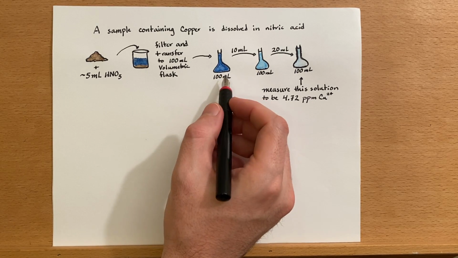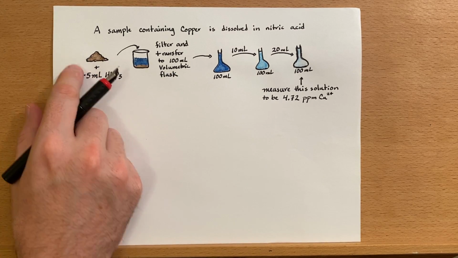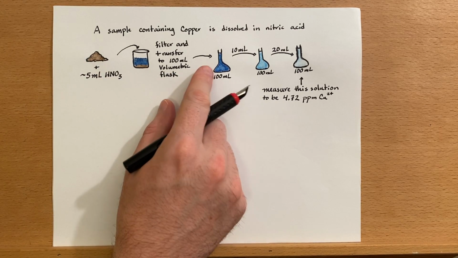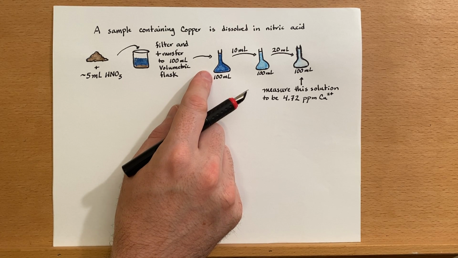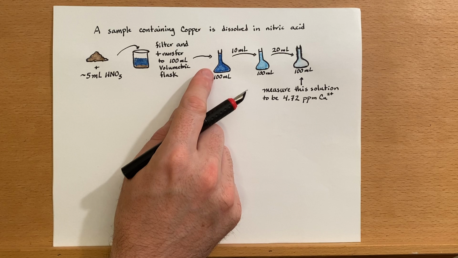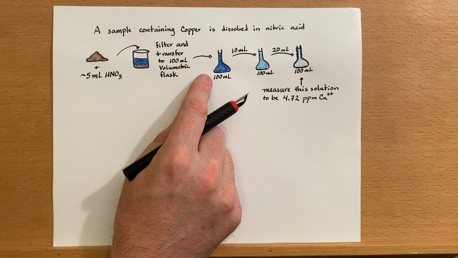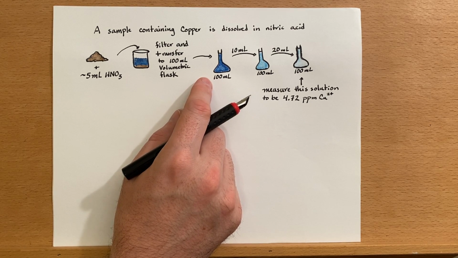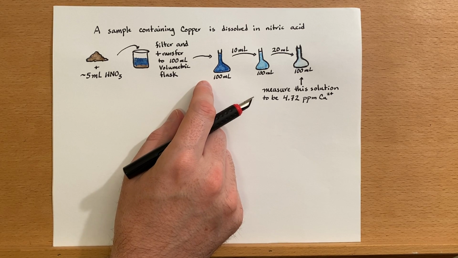So now we have a solution that has presumably all of the copper that we had in this sample, but it's now contained in here. And since this solution is too concentrated for the method that we want to use, perhaps atomic emission spectroscopy, which often requires very dilute solutions, we will dilute the solution.